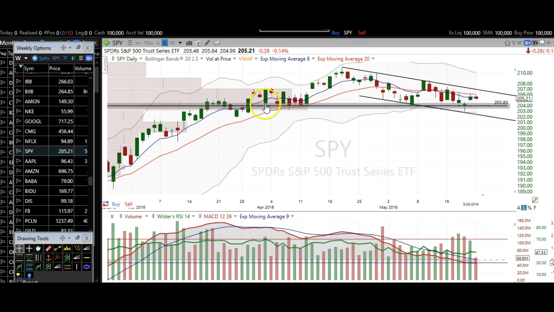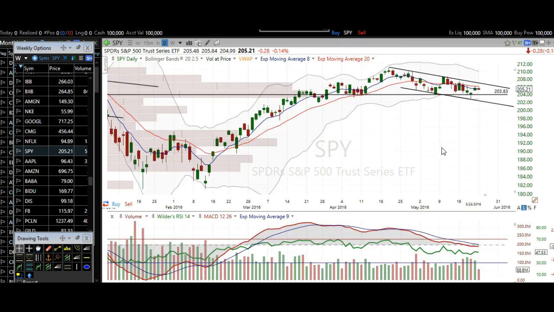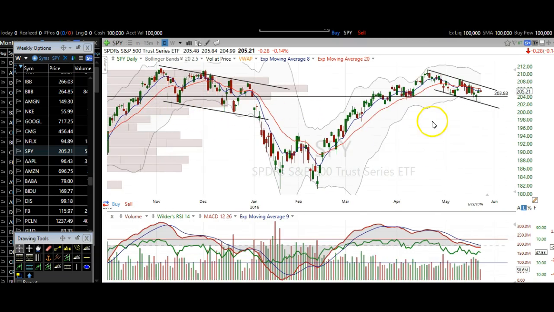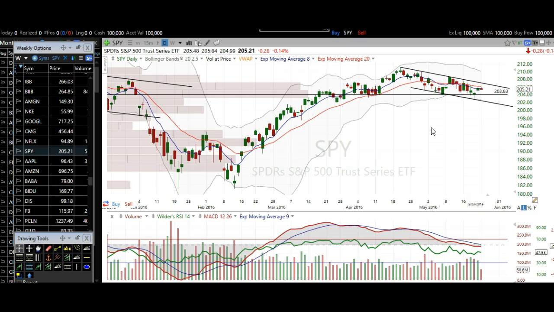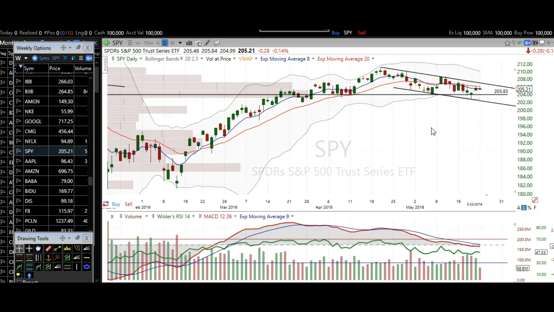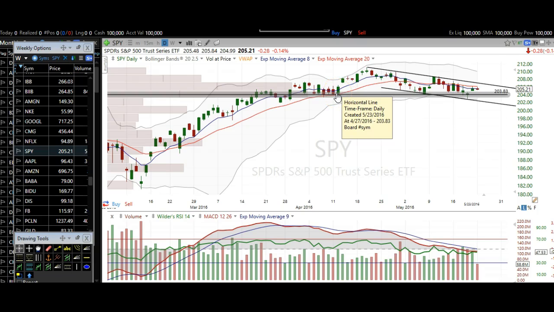We've got 1, 2, 3, 4, 5, 6, 7, 8, almost 9 and 10, 11 and 12 candles that all hit this level right here. That's something that we didn't even come close to doing over here. So why is that important? It's important because if and when this level breaks, it's going to be a big sign in the market.